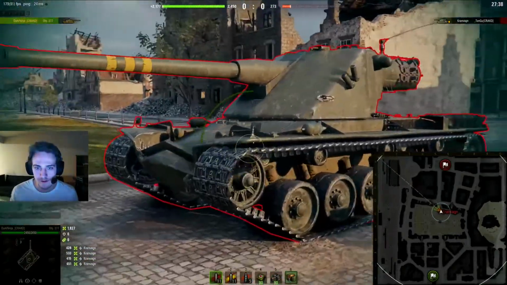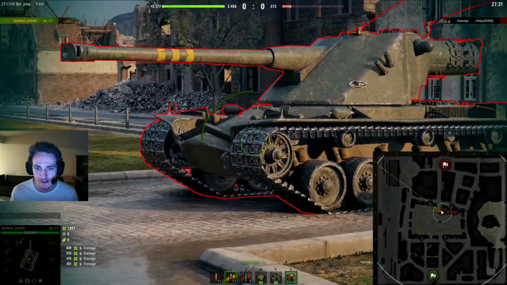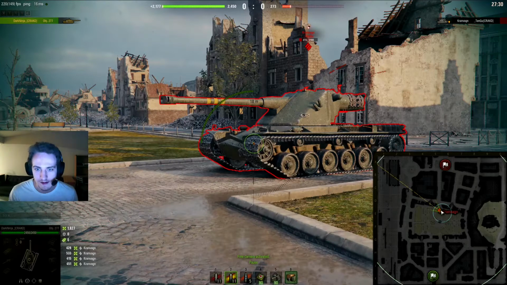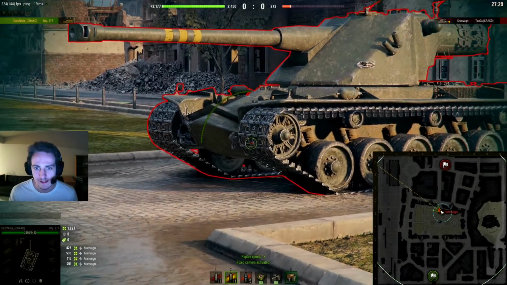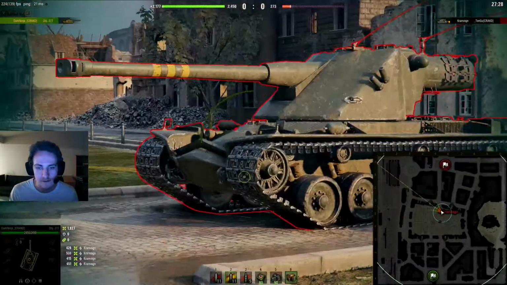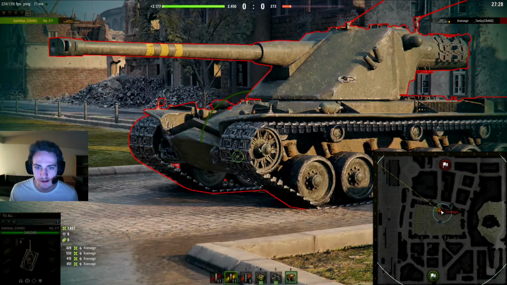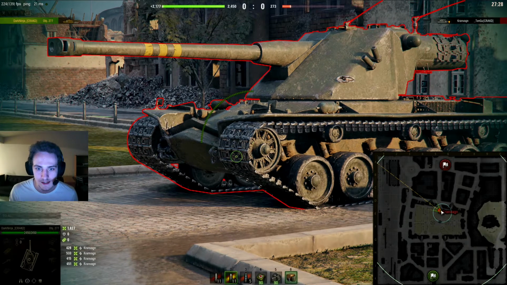And I think I show one more example of me using heat to shoot through the track. So as you can see, even at this angle, I can still shoot through here, and it will still pen the upper side of his hull. So when you're shooting through a track like this, especially a close side track, the track that is closest to you, when you're on the side of an enemy tank, just keep in mind how far behind the hull model is.